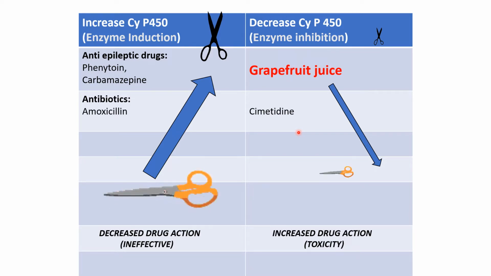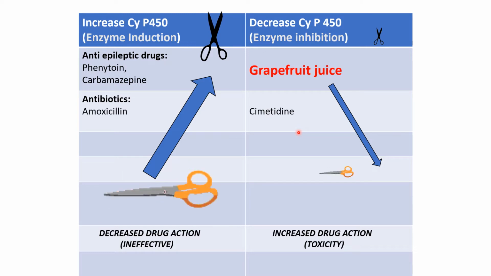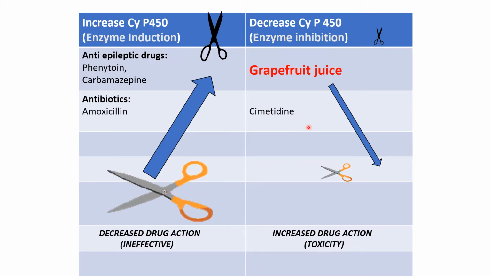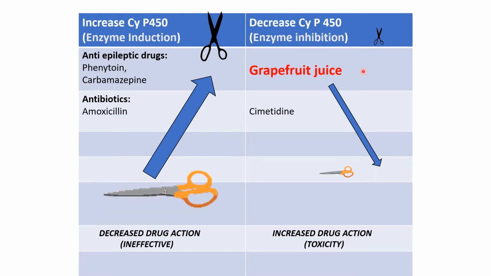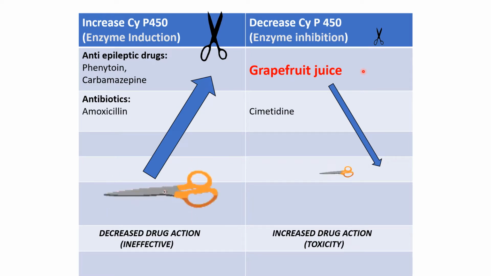Same happens with the statins, medication to decrease the cholesterol in the body that you already know. So when a person is taking a statin at the adequate dose and takes this medication with cimetidine or grapefruit juice, now the statin becomes stronger, becomes higher concentration, and can become toxic. We all know that statin toxicity includes the liver.